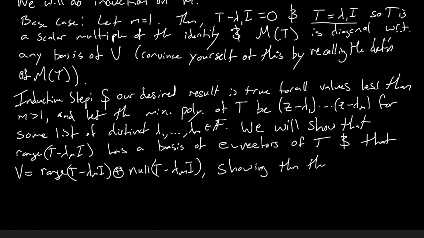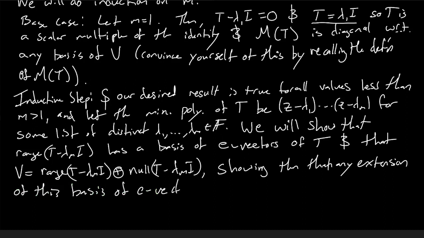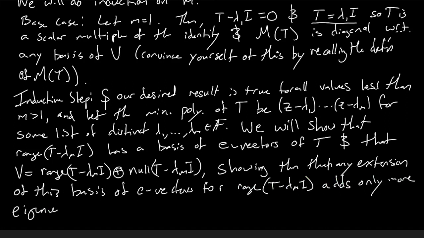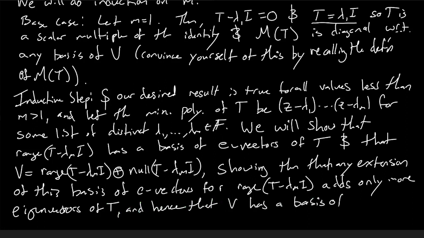Showing then that any extension of this basis of eigenvectors for range T minus lambda m I adds only more eigenvectors of T, and hence that V has a basis of eigenvectors of T and is therefore diagonalizable.